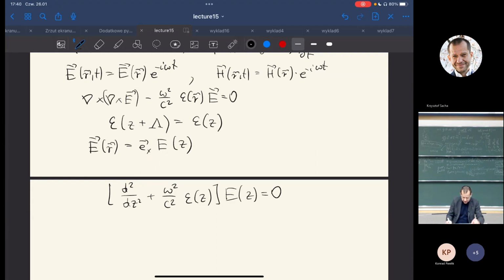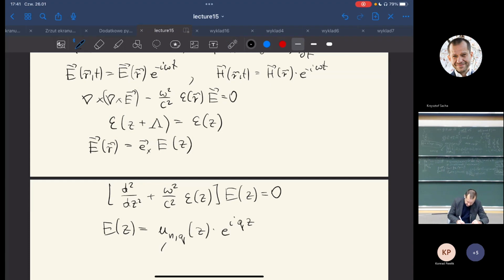And because our dielectric constant is periodic in space, we can look for the solution in the form of the Bloch waves. So we assume that E of z is a certain function which is periodic in space with the period of the changes of the dielectric constant. And there is some exponential function.